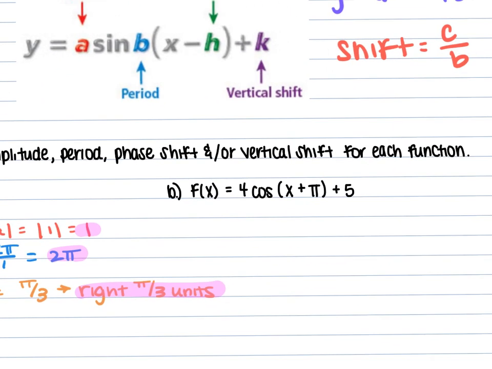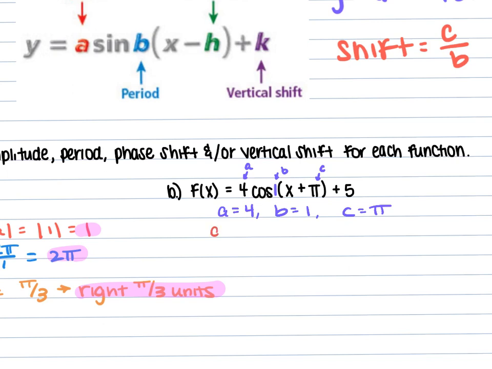So for B, we have f of x is equal to 4 cosine of x plus pi, plus 5. So this 4 is our A, we have a 1, that's B, our C is pi, and then that 5 is going to be that vertical shift. So looking at this, we have A is 4, B is 1, C is pi.